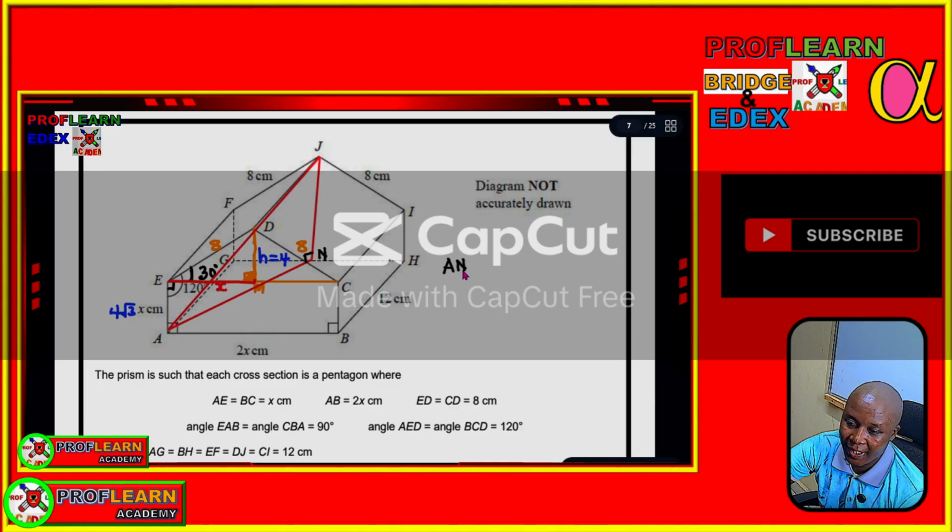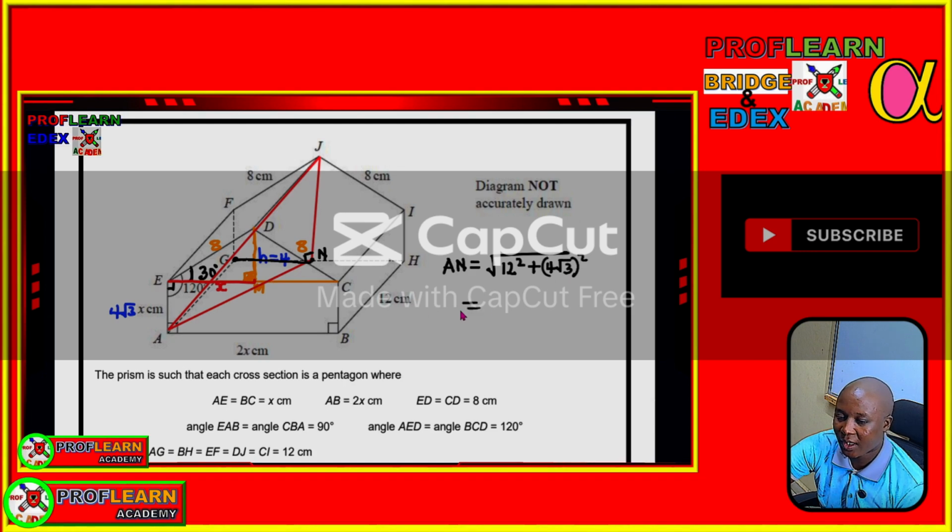So we shall say AN is equal to the square root of AG, but AG is 12, so it will be 12 squared plus 4 root 3 squared. This side here is the one that is 4 root 3, so that I can find the hypotenuse AN.